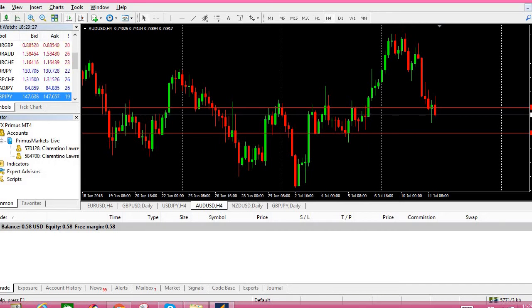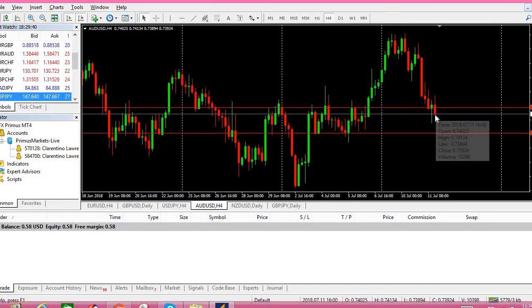So I probably need to wait until this 4-hour candlestick closes. It's a risk actually, but if it closes at this level at 1 a.m., then we know there is money to be made. I'm going to make my entry somewhere here.